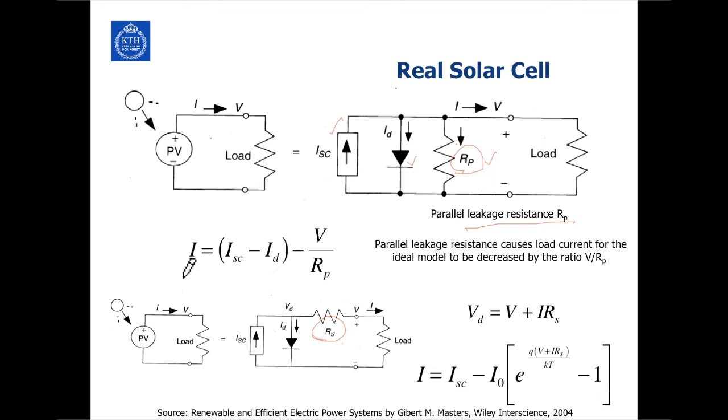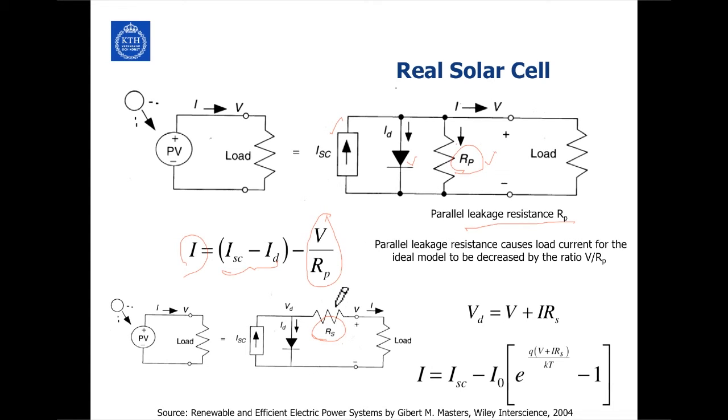Then the current is going to be less because this is what we had before, minus, because of the resistance, this quantity right here. So it is going to be decreased by the voltage divided by the parallel resistance which you have included in the circuit.